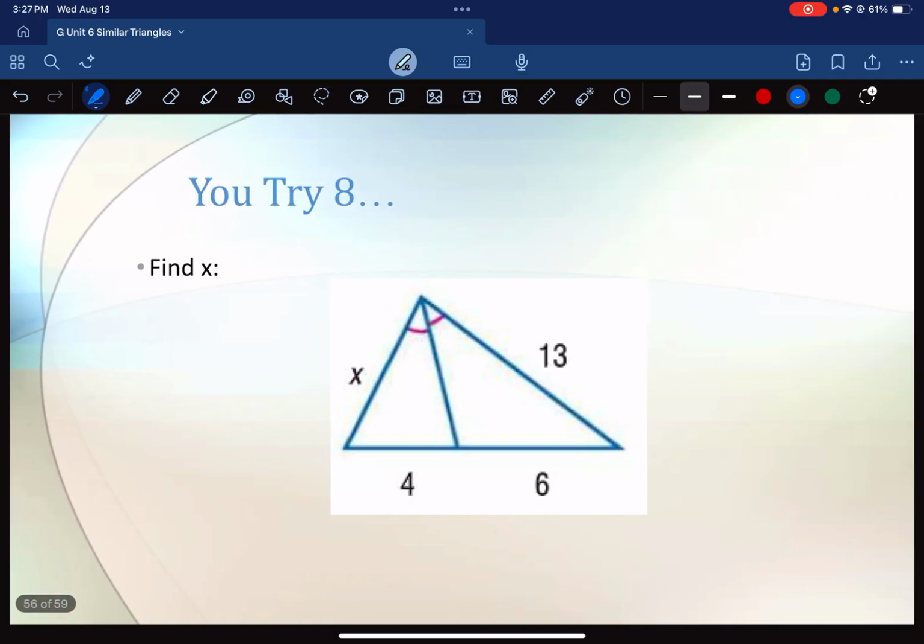Give this one a try. Yeah, I think again this one's just really clear. X over 4, 13 over 6. It works for me. So that's 6X equals 52.